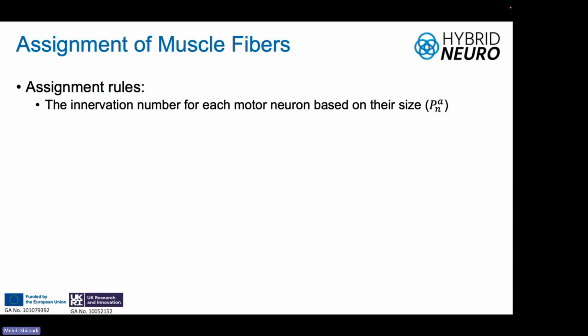For assigning each muscle fiber to a motor unit, we first need to see the size of the motor unit, whether it is big or small, based on its number. This is an important number for assigning fibers to it. After that, we need to see how close these muscle fibers are to the center of the territory of each one of these motor units.